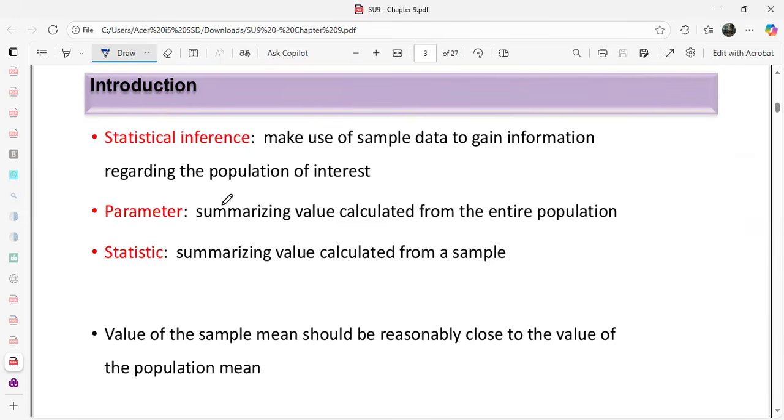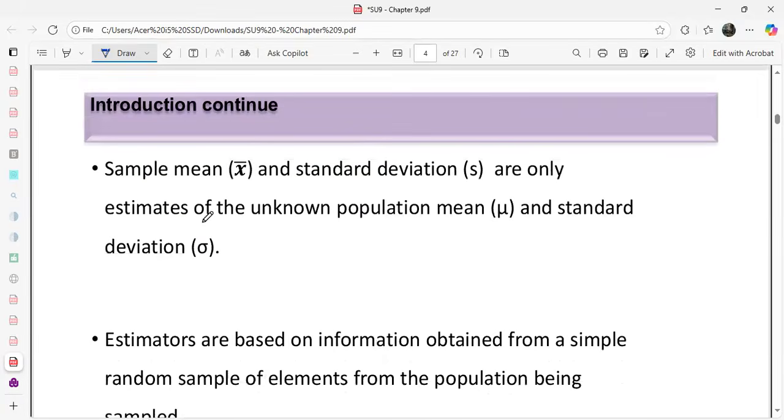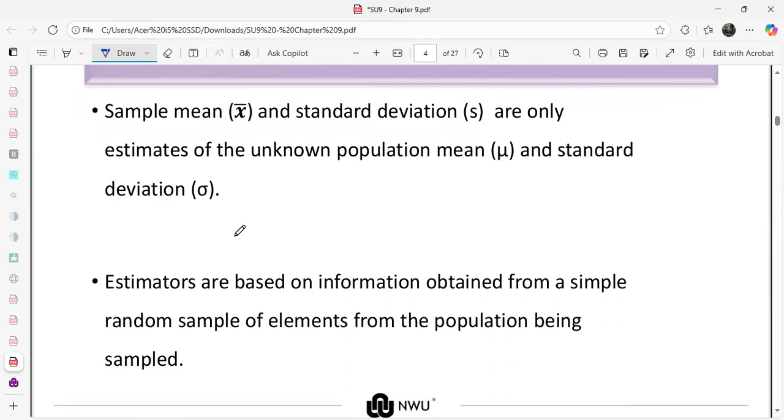It's when you make use of sample data so that you can gain information regarding the population and the parameter, the statistic we talked about under chapter 1. Under this point and interval estimation, the easiest chapter, this is where you must make sure that you get full marks. Easiest chapter, trust me.